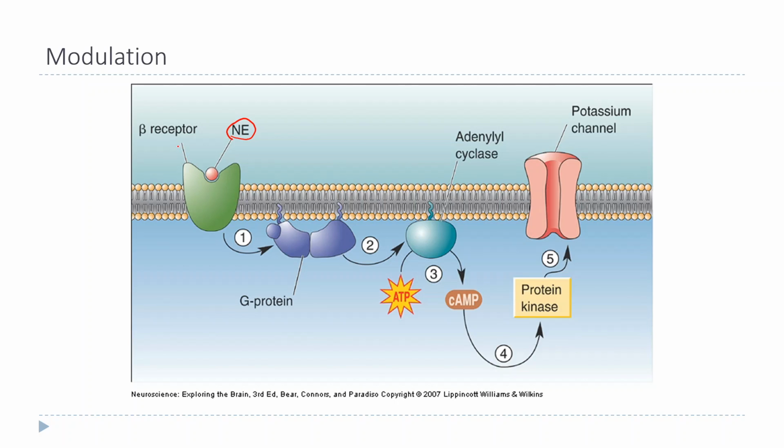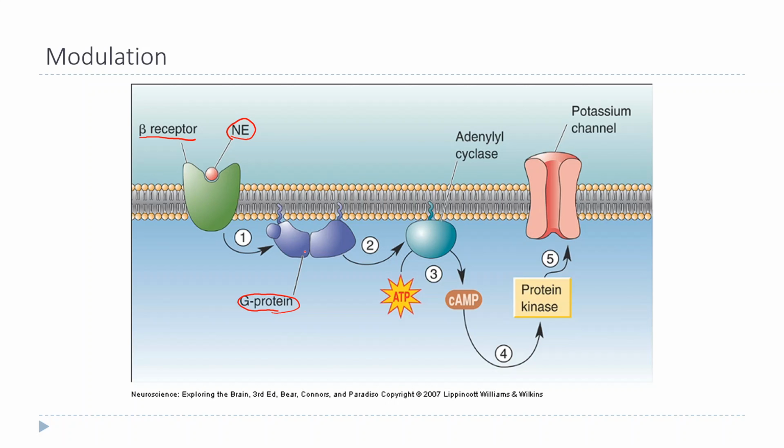This particular one we're talking about is called the beta receptor, or strictly it should be the beta norepinephrine receptor, but usually it's just abbreviated the beta receptor. So when norepinephrine binds to the beta receptor, it activates a G protein. Remember, the G protein is a separate structure from the receptor. This is the receptor, this is the protein.